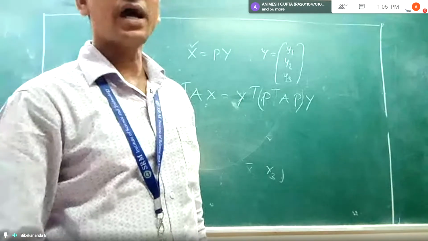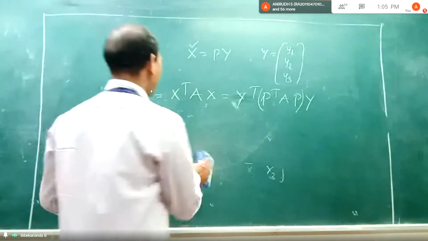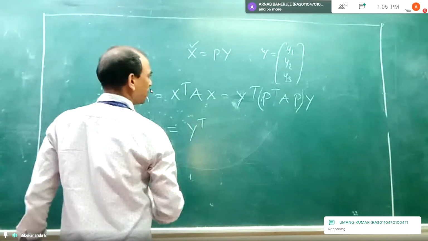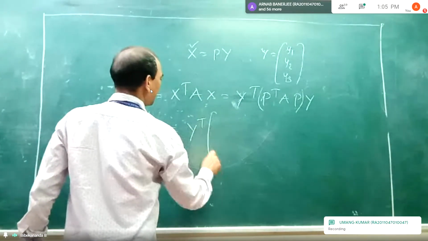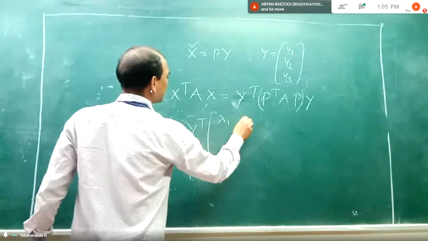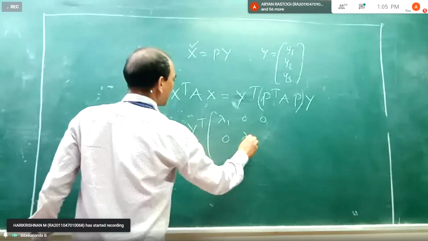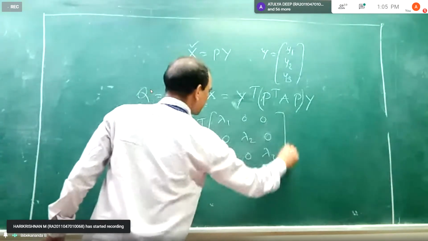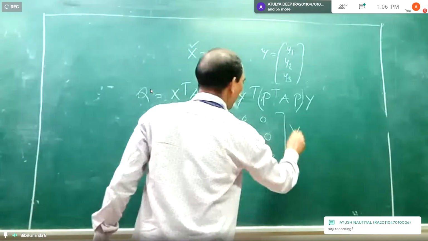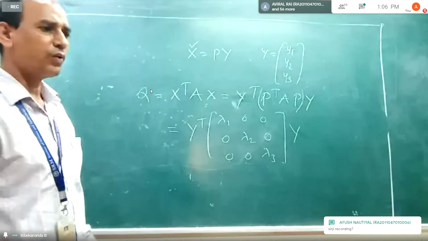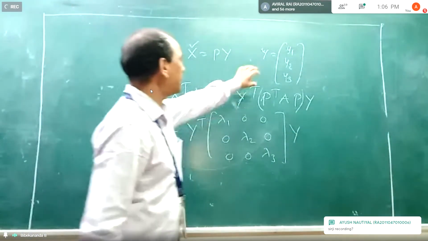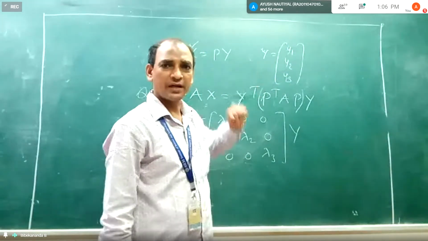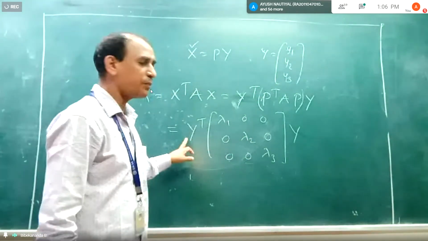So this is equal to y transpose, then the diagonal matrix with lambda 1, lambda 2, lambda 3, into y. But y is nothing but a column matrix.